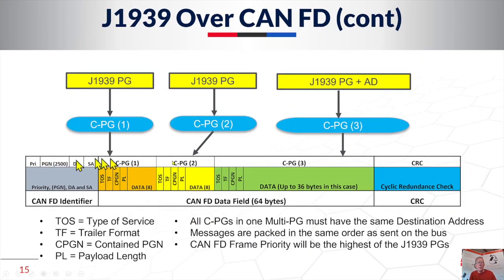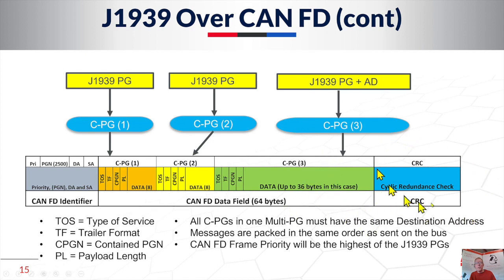Here's a little more detail about it. An example where we're putting 3 contained PGs, as defined in the previous slide, into one J1939 FD package or CAN FD frame. We've got some identifier information that we stripped out of each one of these contained PGs, all coming from the same place. We've put 3 different contained PGs in here, 2 standard 8-byte PGs, and this last one we've defined with some assurance data on the end of it.